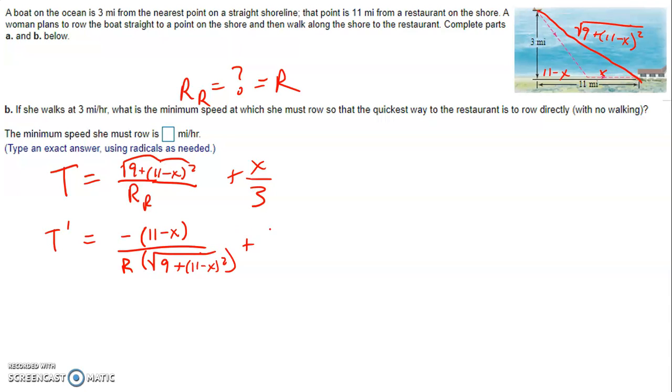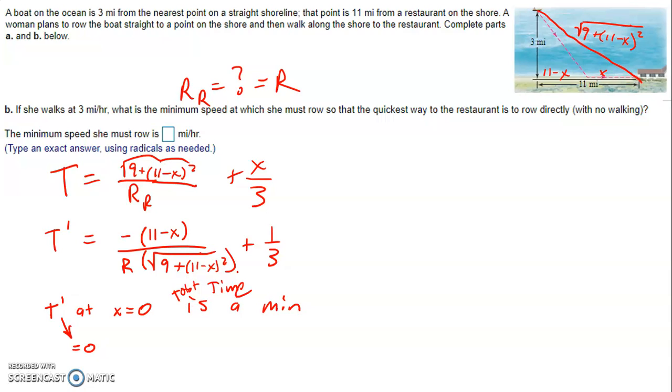Plus 1/3 is still there. Now the key piece here is that we know that t prime at x equals 0 is a minimum. Or sorry, not t prime, equals 0 because at x equals 0, so when the walking distance is 0, the derivative is equal to 0 because the total time is at a minimum.